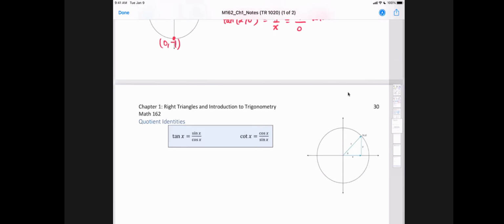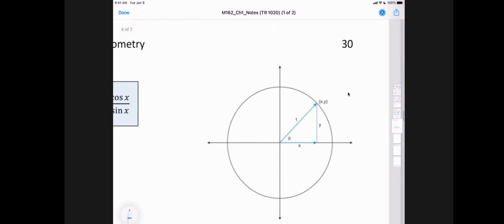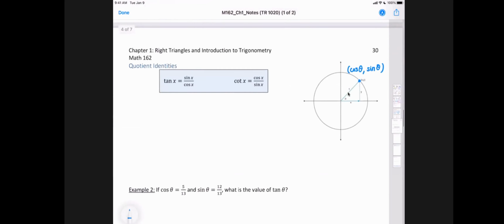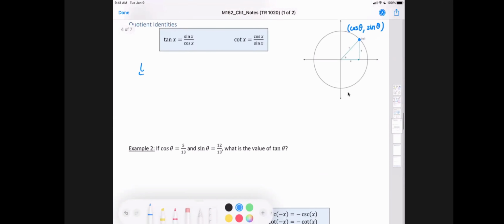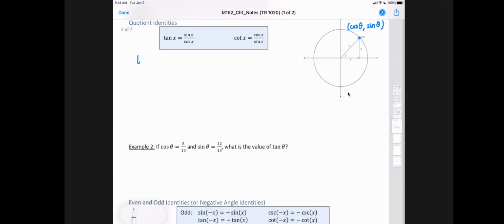And the reason for this, to make some sense of this, is because on our unit circle we have our x, y coordinate, and I said your cosine is your x and your sine is your y. And by the definition, tangent is y divided by x, the y coordinate divided by the x coordinate.